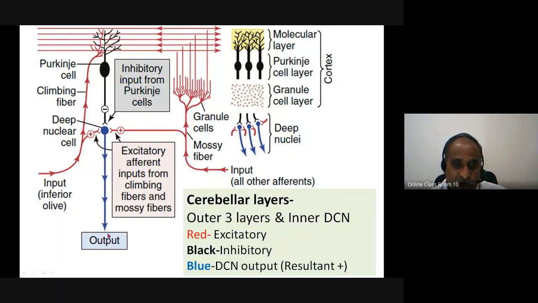These outputs are reaching here. This is about the Purkinje cell layer. The granule cell layer consists of the granular cells. They are deeper, and these granular cells have characteristic T-like projections. These are T-like. They will make parallel axonal projections.